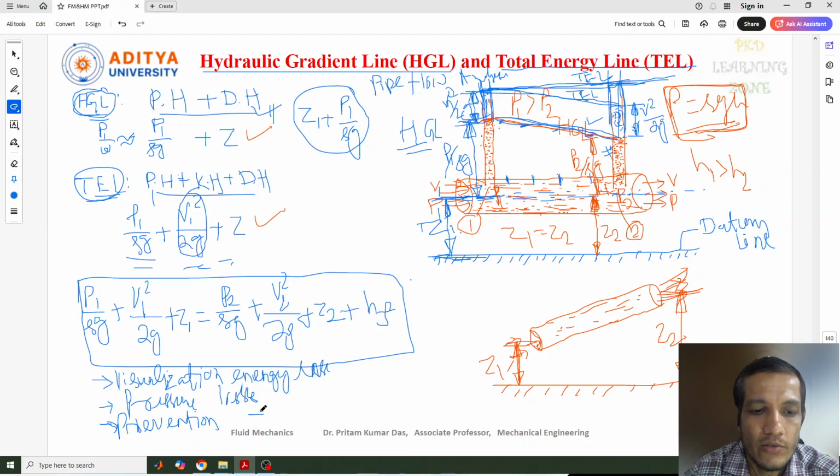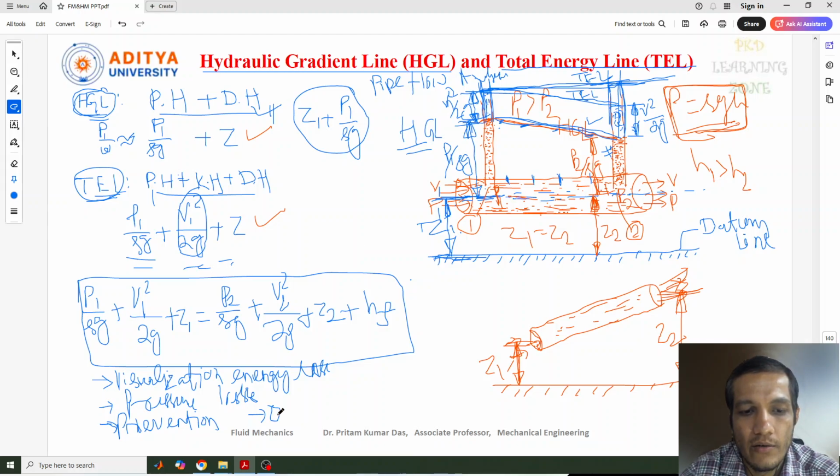Along with that, the engineer can optimize things. Suppose any kind of pump is there, whether the pump placement is perfect or whether it needs to be changed, and also some kind of valves will be there.